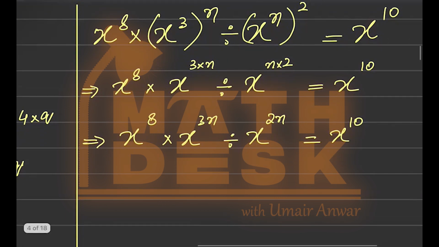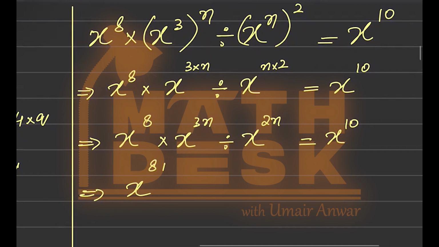Now, in fact, all the three bases over the left-hand side are same. In the first two bases, the operation is multiplication, and the third one is written with the division. So I'm adding the first two indices because their bases are being multiplied with each other. And then I am subtracting the third one, minus 2n.